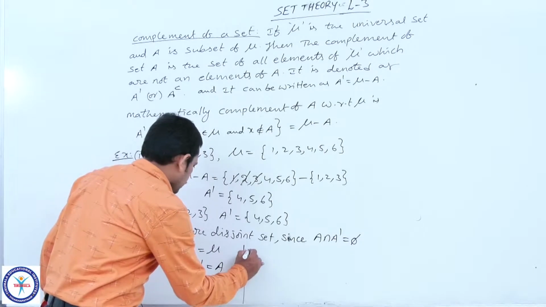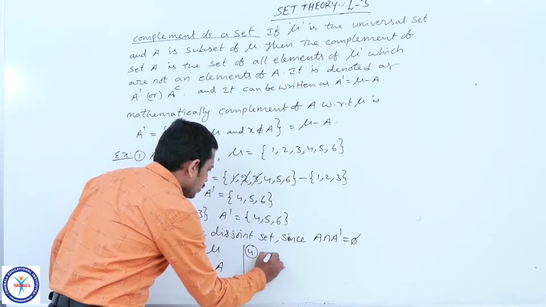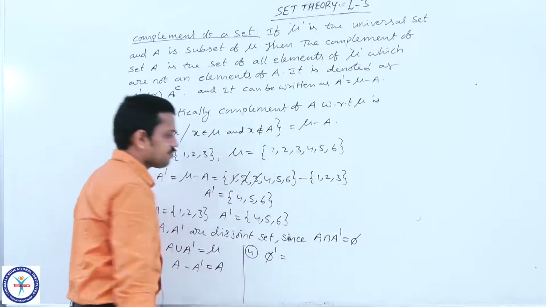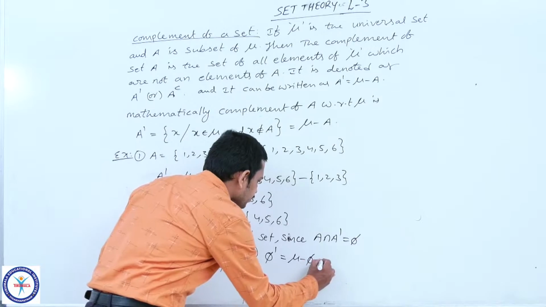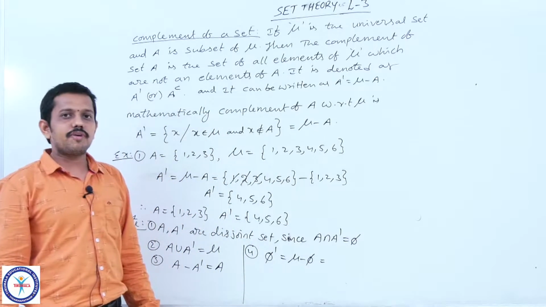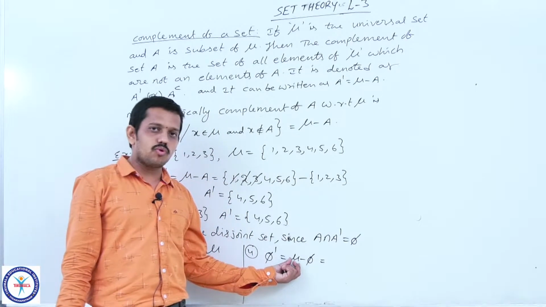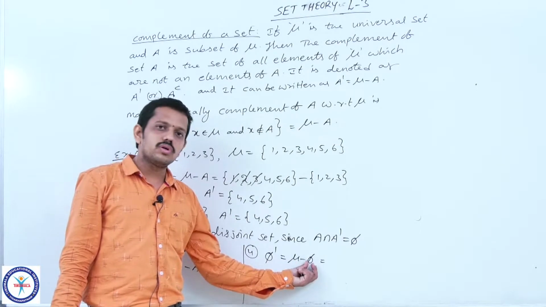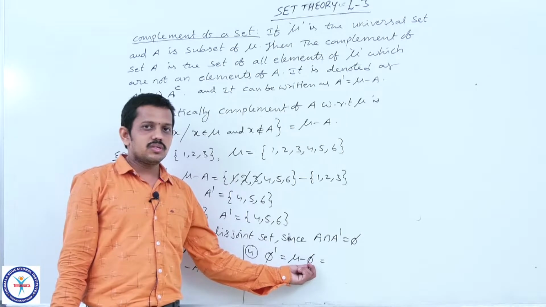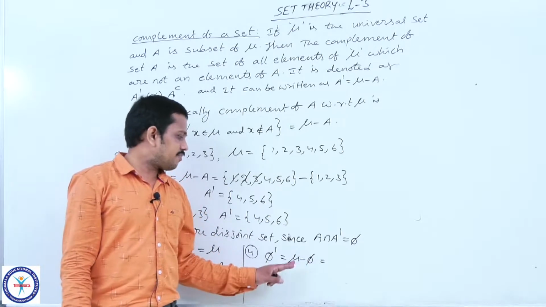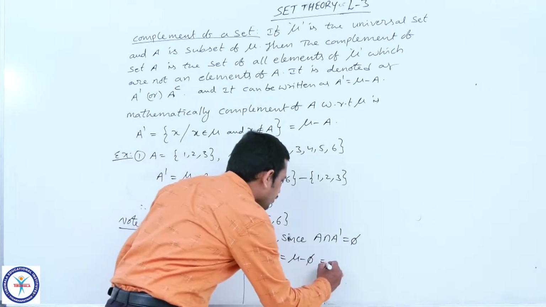Now what is the complement of the null set? The complement of the null set is nothing but mu minus phi. Mu minus phi means the set of all elements only in mu which are not common to phi. But here phi is a null set, there is no element, so there is no common element. Therefore mu minus phi always gives mu.